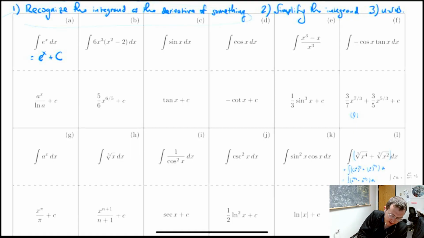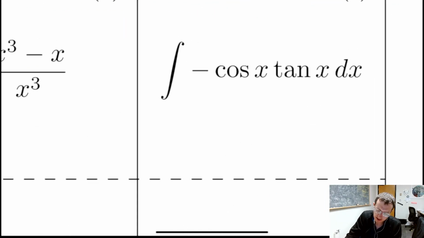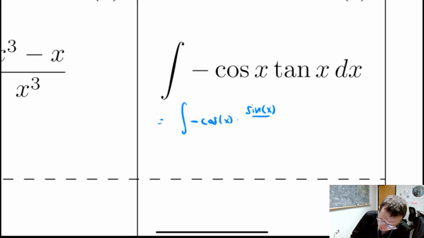Do I recognize this as the derivative of something? Nope. Method 2. Could I simplify this? To see if this simplifies at all, it's easiest to rewrite any and all trig functions in terms of sine and cosine. And once I do that, this becomes very easy because all that I'm left with is minus sine of x.